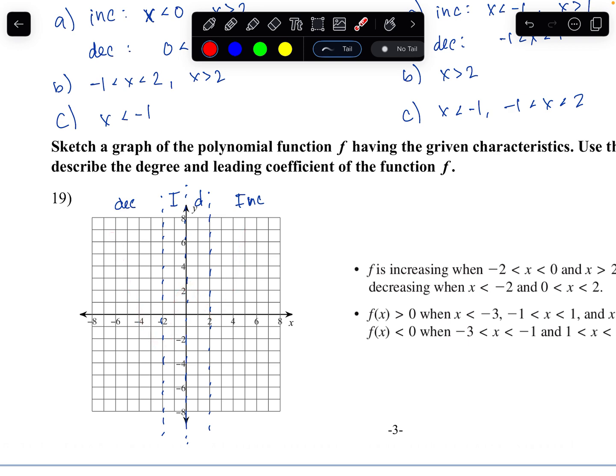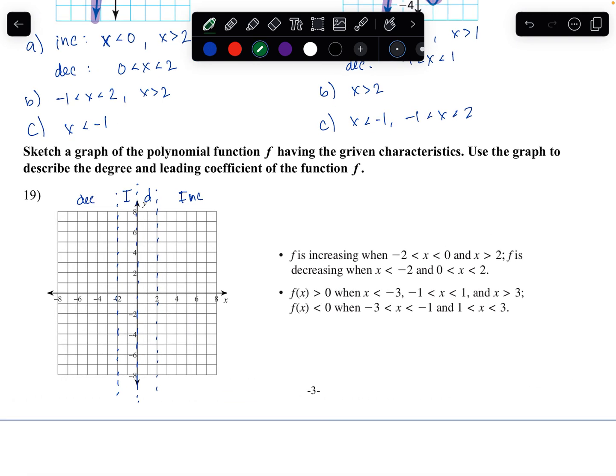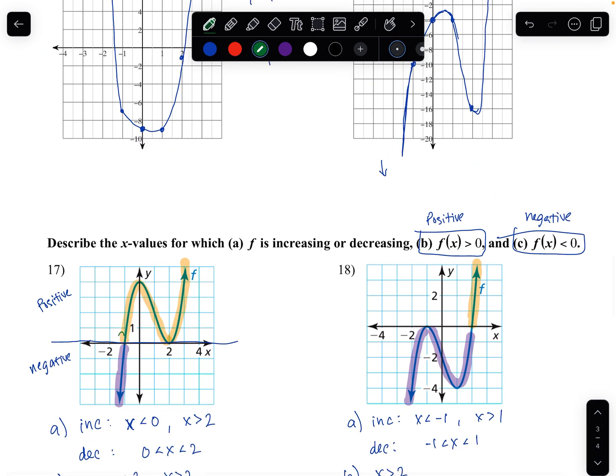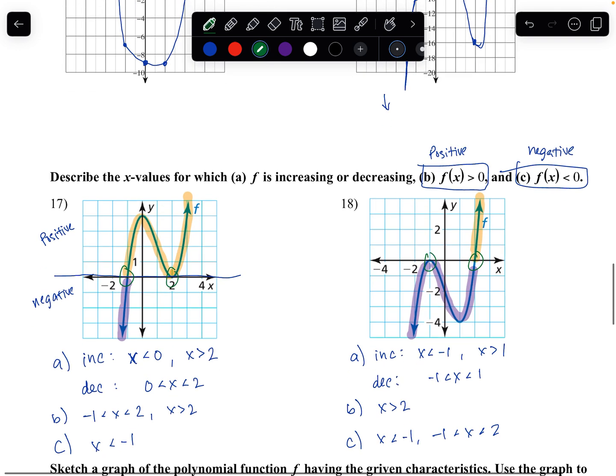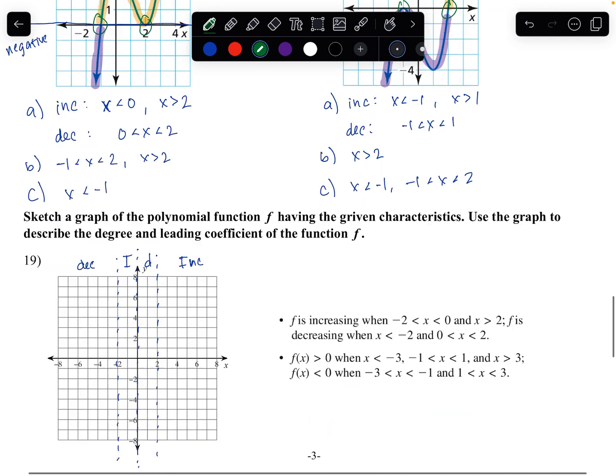Okay, now before I write anything in, let's see where it's positive. A good thing to know is that whenever it's positive and negative, that has to do with what's happening with it at the x-axis, pretty much when it crosses or when it touches the x-axis.